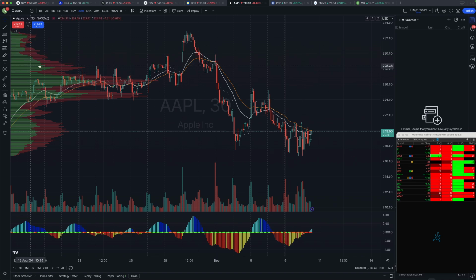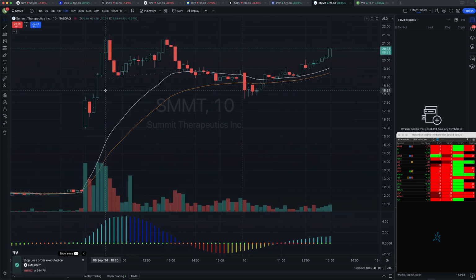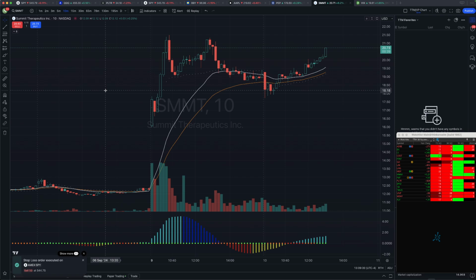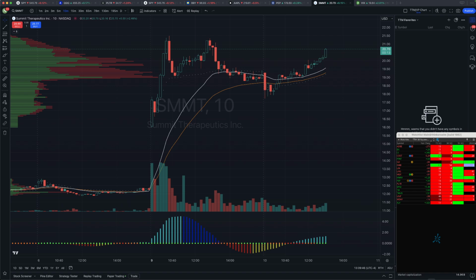Okay, so back to our training session here. Part of finding these TPS style trades and knowing when to get in and getting a good entry point is so important. And what appears to be magic, where you'll see Nate or myself or D-Man put in, I'm getting into SMMT right here.